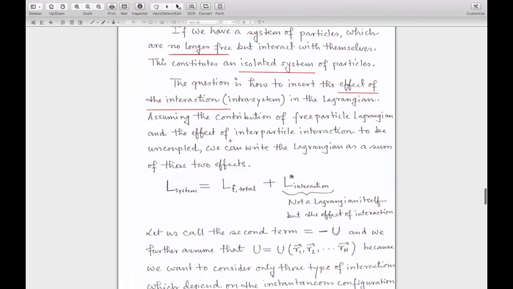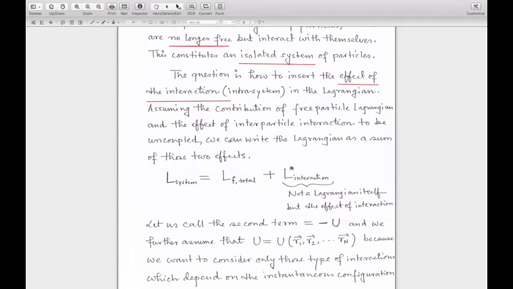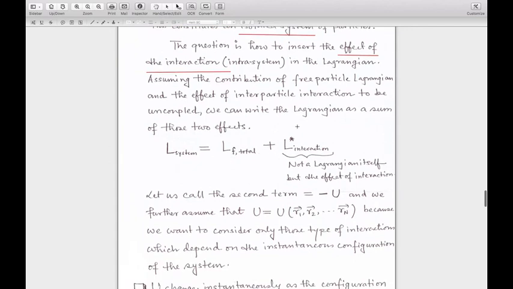Now, if we assume that this effect of interaction will come in an uncoupled way to the free particle Lagrangian, then we can simply say that if we add this interactive part, which we can write as L star interaction, to L free particle total, it would give us the total system's Lagrangian.